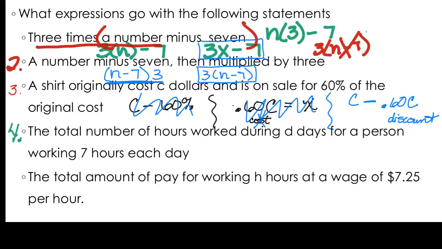The total number of hours worked during D days for a person working 7 hours each day. Who haven't I talked with? How many days are we working? D. D number of days.